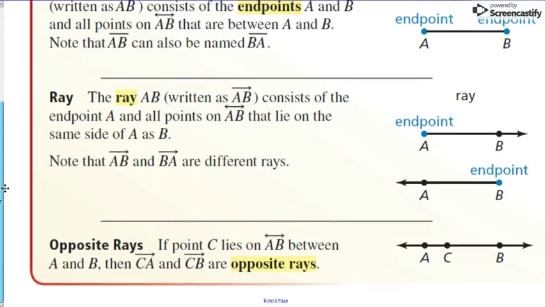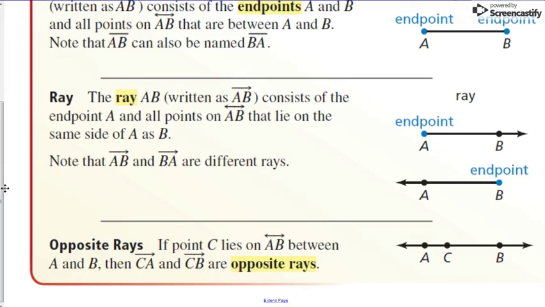A ray. So ray AB consists of an endpoint A and all points on AB that lie on the same side of A as B. So basically it starts at A and it goes on forever in one direction. Notice that it passes through point B, and so one of those ways that we could name that ray would be ray AB.